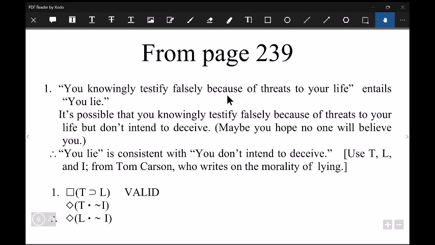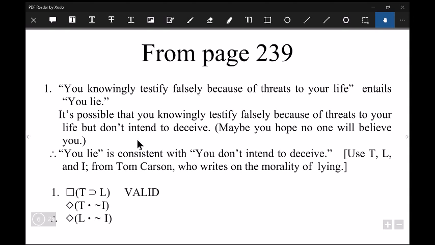So let's say you're in court and people ask you things, but you've been threatened by people to be killed if you tell the truth. So what do you do? Well, let's say that you testify falsely because of threats to your life. You know it's false, but you testify that way.